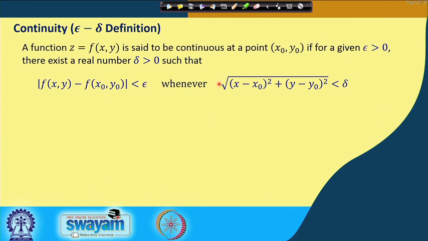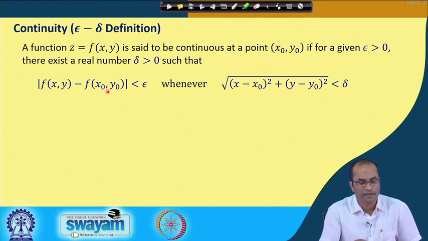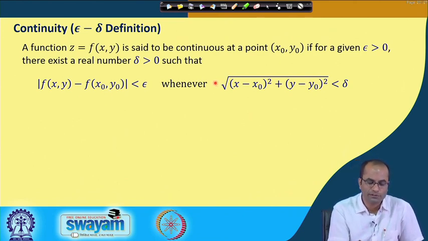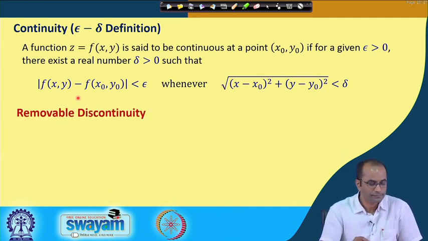Indeed, here we have not used the condition that this must be greater than 0, which avoided the point (x0, y0), because now the function is defined at that point. Earlier in the case of limit, the function may not be defined at that point, still we can talk about the limit, but for continuity the function has to be defined at (x0, y0), and therefore this inequality is no more required.